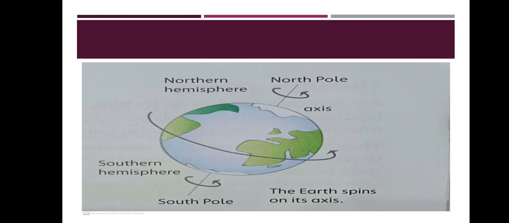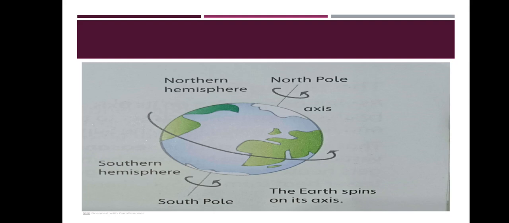These halves are hemispheres. The word hemi means half, sphere means circle. When you divide a sphere into two portions, these two sides are called hemispheres. The hemisphere in the north direction is the northern hemisphere, and the one in the south direction is the southern hemisphere.